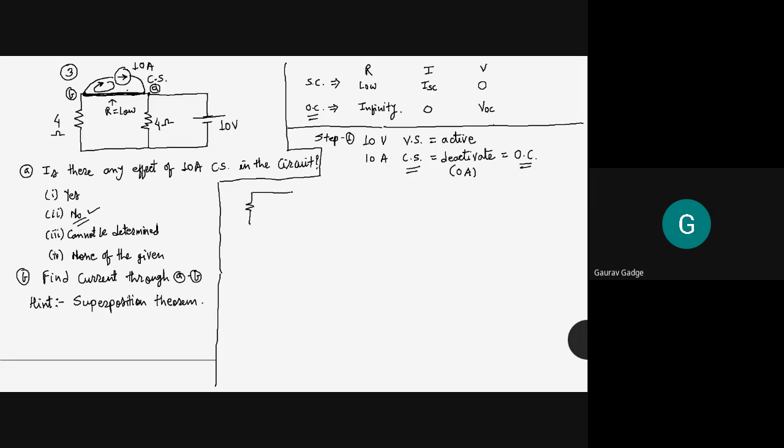अब यहीं से, इस AB terminal से current path find करना है.